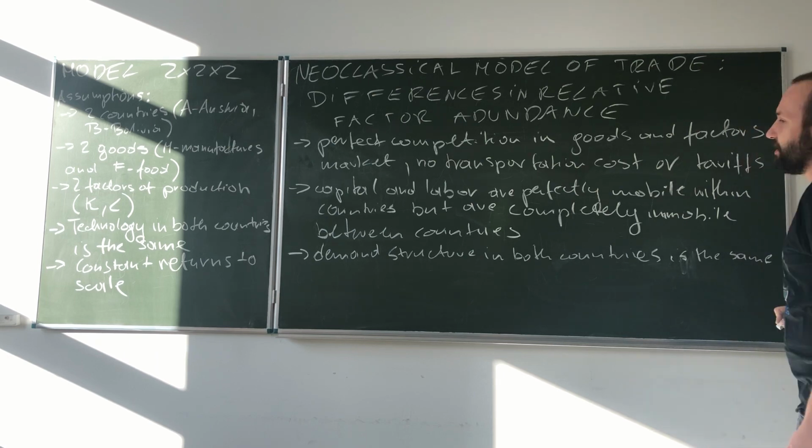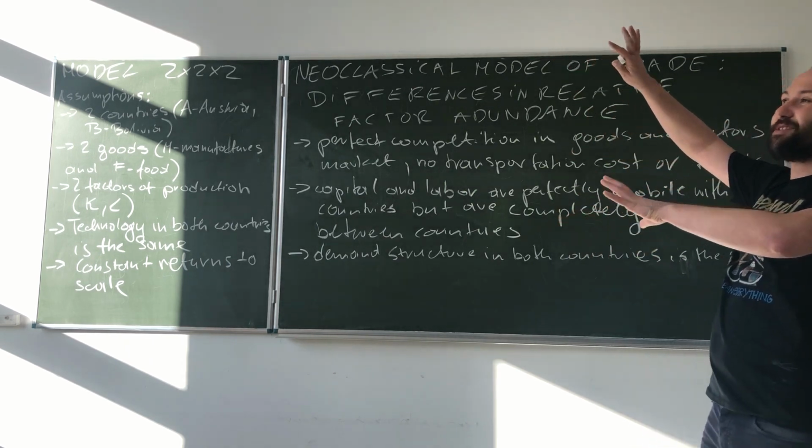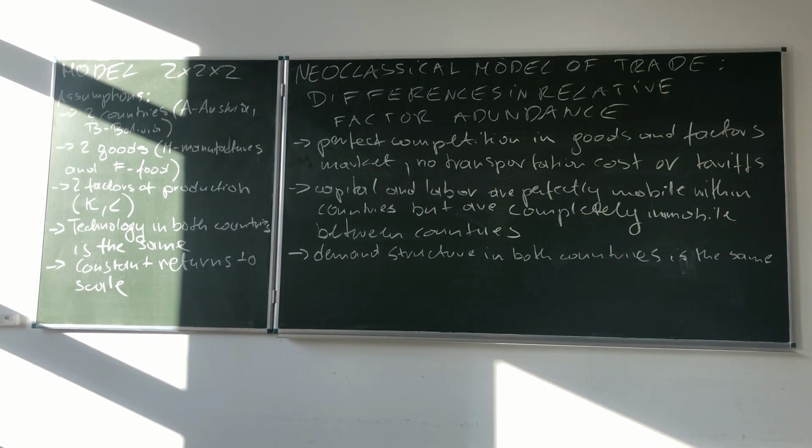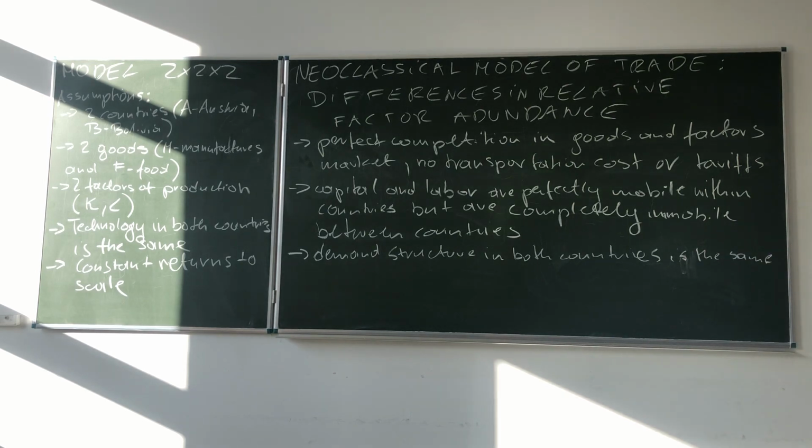So we use this assumption in order to make sure that differences in demand structure between countries are not the one responsible for the trade flows, because of course the demand structure is important for trade, but this is not something that interests us at the moment.